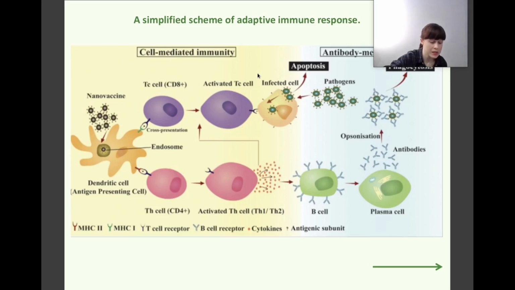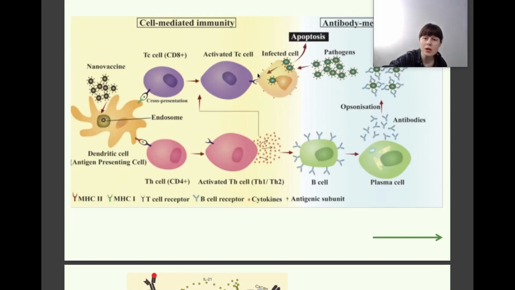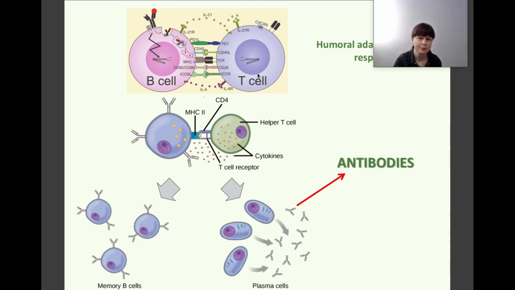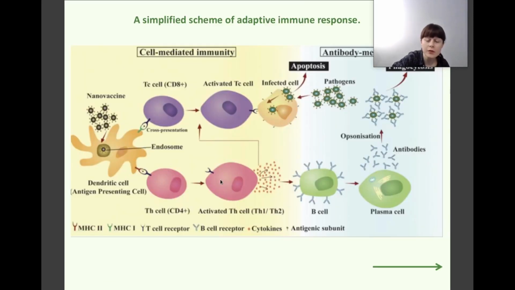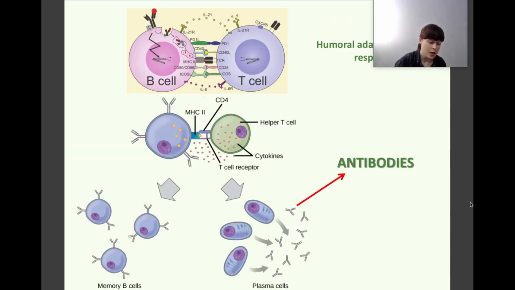Antibody-mediated immunity is represented more on this slide. With assistance from T helper cells, like you see here, we first activate T helper cells, and then T helper cells can activate B cells. With assistance from T helper cells, B cells will differentiate into plasma B cells that can produce antibodies against a specific antigen.